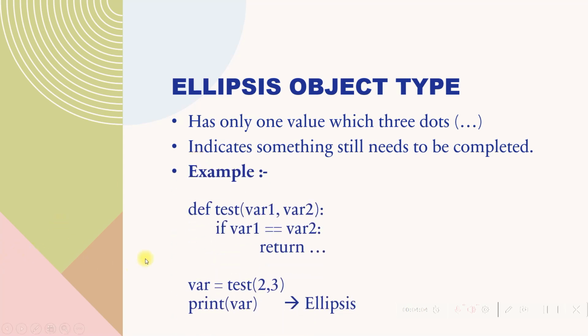So when we look at this example, again this function test is accepting two parameters, var1 and var2, and when the values of both the parameters are the same, it is saying return three dots. So when we call this function by passing the same value, what will happen? It will return the response as Ellipsis.